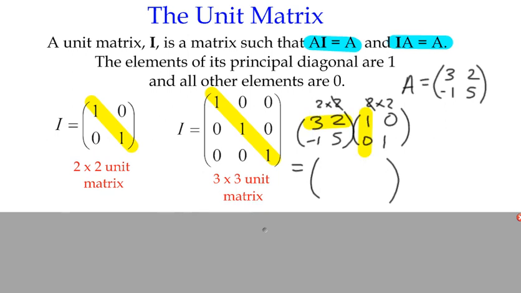Just very quickly then, the answer would be multiplying those two. 3 times 1, which is 3, plus 2 times 0, which is 0, so I would get 3. Multiplying row 1 by column 2, 3 times 0 is 0, and 2 times 1 is 2. And then multiplying second row, first column, negative 1 plus 0 is negative 1.